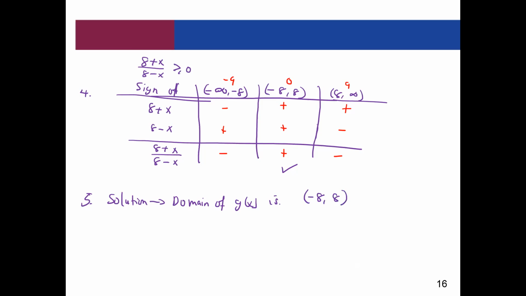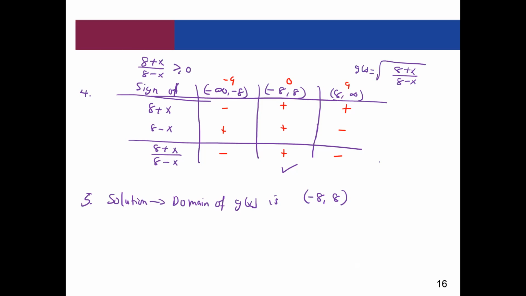Now, the question is about the endpoints. Look at the inequality. Remember, it was the square root of (8 plus x) over (8 minus x). This is our g of x.